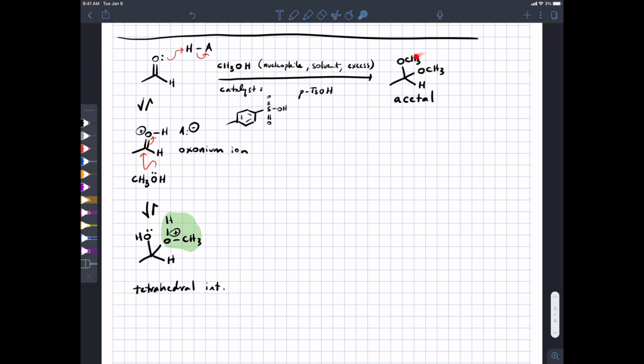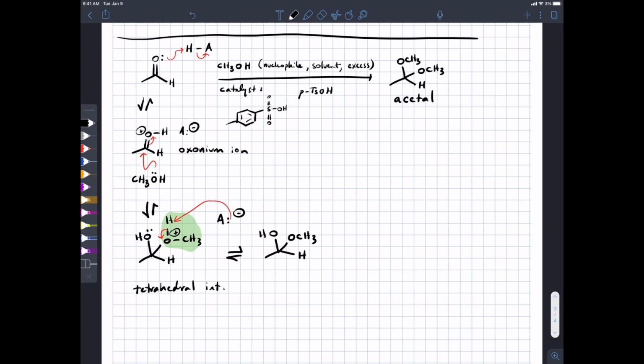And that's not going to get us any closer to the product. In the product we need this alcohol group to stick around, so we need to do something to it to prevent it from being a good leaving group anymore. And that's where the conjugate base of our acid comes in. We can actually remove the proton from the methanol oxygen, and that stops the methanol oxygen from being a good leaving group.